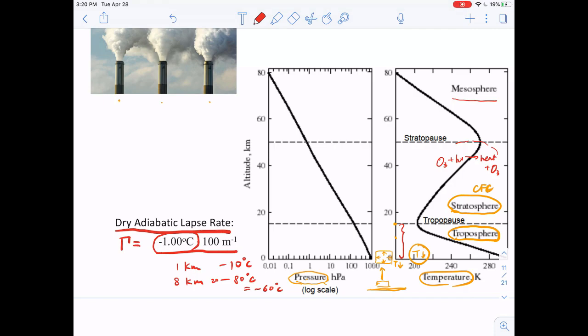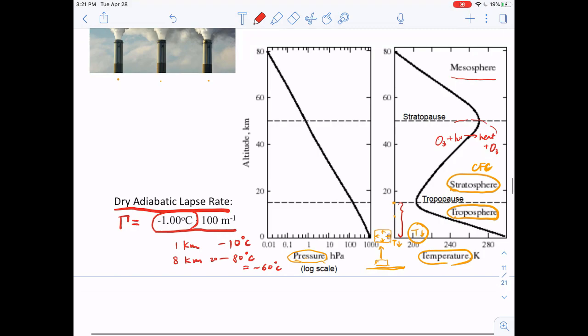For example, let's say we have a strong heating source over the land, such as a location near a coal-fired power plant. We know that a coal-fired power plant generally has more heat, so the temperature will be higher. What happens there is maybe the temperature will be somewhere here at the surface, while the temperature profile might look like this.